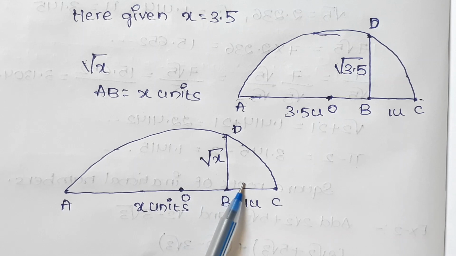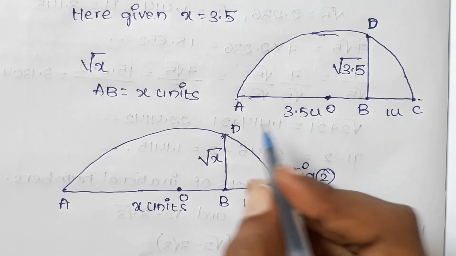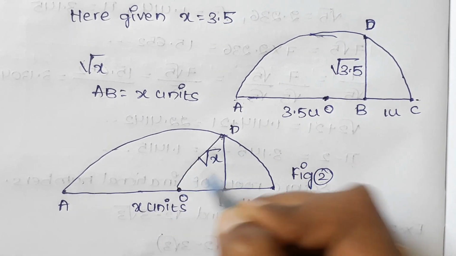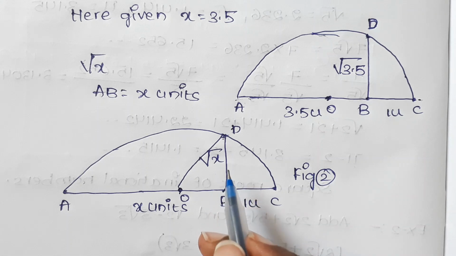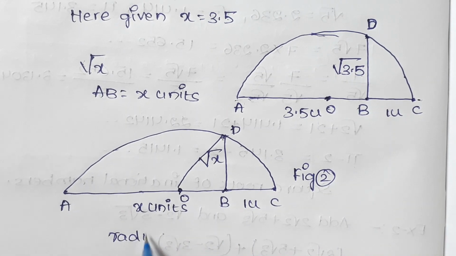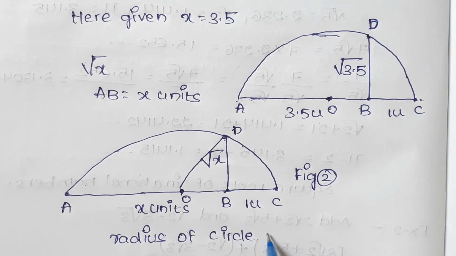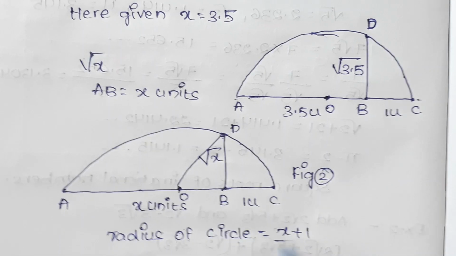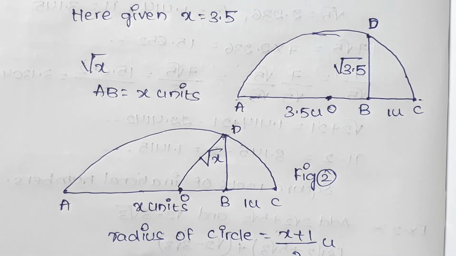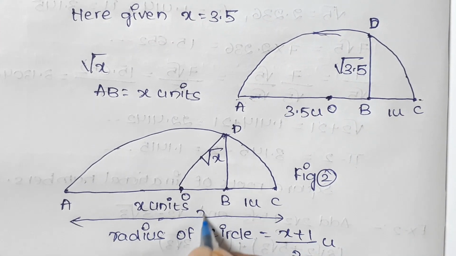Here from this figure, triangle OBD is a right angle triangle, and now the radius of the semicircle is (x plus 1) by 2 units, because here it is the diameter of the circle with x plus 1.